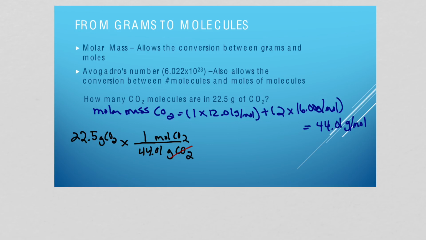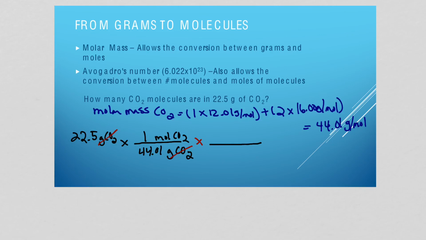Of course, my grams cancel top to bottom, and so if I were to solve this, I would get how many moles of CO2. Now, of course, the question asked me to go all the way to molecules. So I want to know how many individual molecules of CO2 I have here. If I want to go from moles into molecules, that's where I need Avogadro's number.